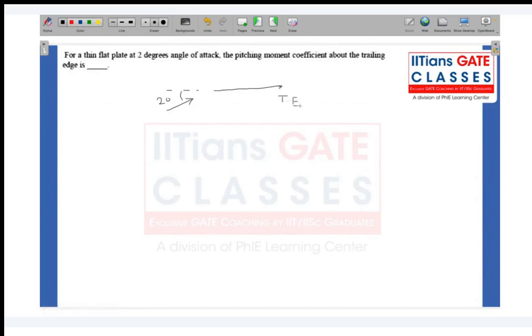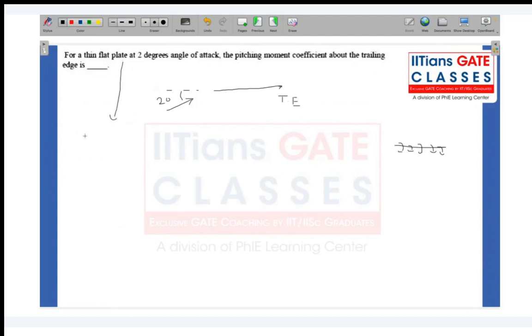So we can use the concept from thin airfoil theory, because essentially thin airfoil theory takes a thin symmetric airfoil and assumes a vortex distribution over its chord line, which is like a flat plate. So we can draw the equivalent of a thin flat plate to a thin symmetric airfoil.